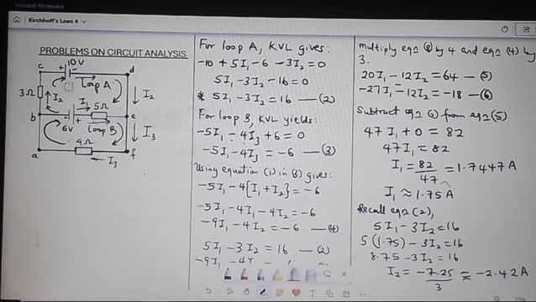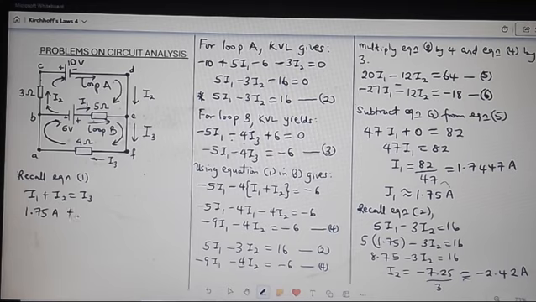So using equation 1, equation 1 tells us that I1, say recall equation 1, so if that is the case, I1 is 1.75 ampere plus I2. I2 is minus 2.42 ampere equal to I3.